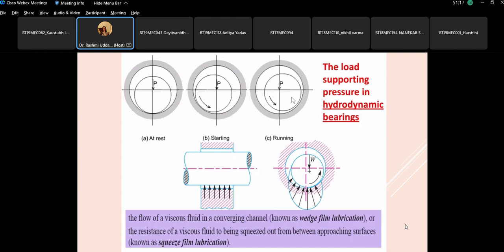And we have a journal bearing test setup in our lab. Normally we have experiments on this machine wherein you can actually see a shaft rotating inside the bearing. Everything is exposed. We measure the pressure on the periphery of the bearing and we get a plot of how this is the initial position, how it lifts on this side at the starting, and then it reaches this position with a pressure distribution film formed over here.